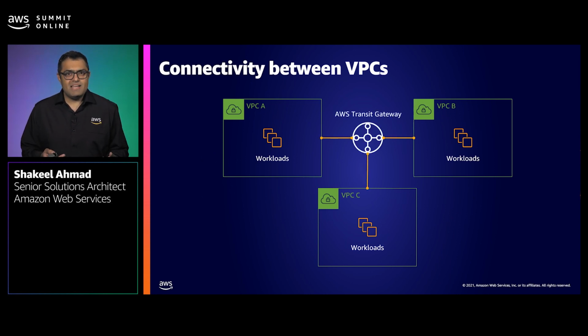AWS Transit Gateway is a network transit hub that you can use to interconnect your VPCs inter or intra-region, as well as on-premises networks using VPNs, Direct Connect, and branches using SD-WAN. We'll look closely at some of these designs as we move further in our session today.